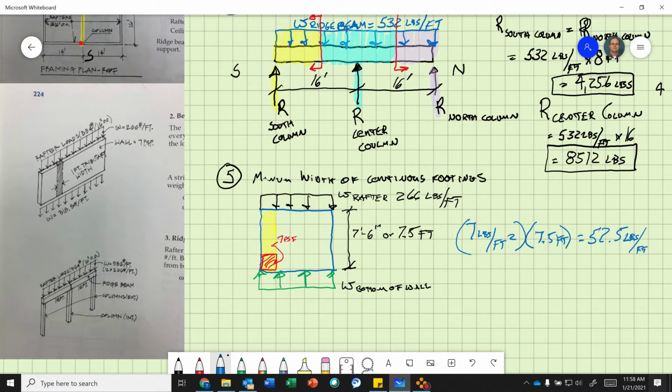Okay, so now we know we have 266 pounds per foot on top of the wall, then plus the weight of the wall, we're going to add those two together.